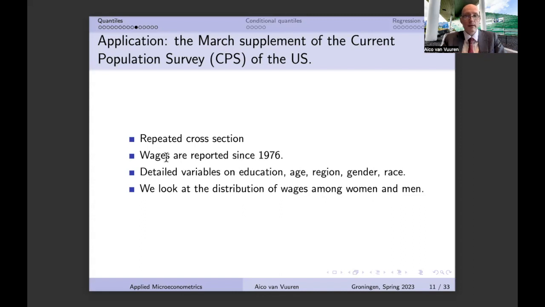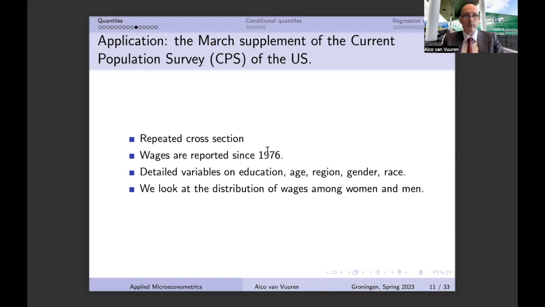The CPS already existed for a much longer period of time, but the first time that people were asked about the wages was in 1976. So even though I'm always going to use the survey year, when I talk about 1976, it means that these wages were reported in 1976, but they were reported for the year 1975.